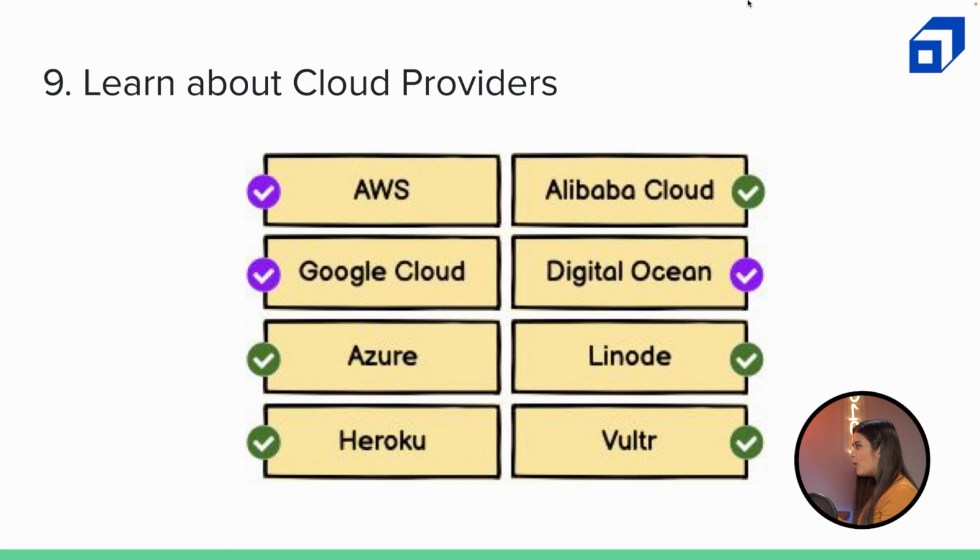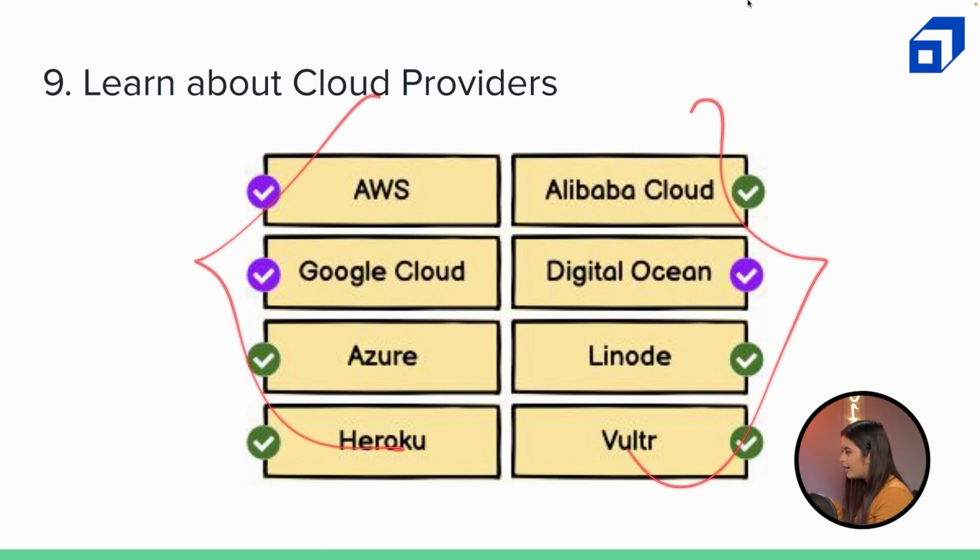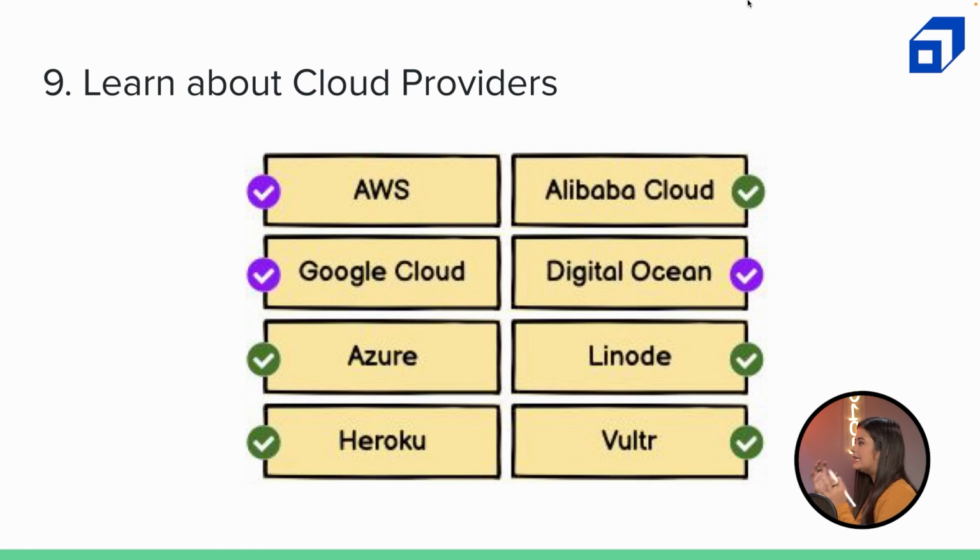These are very popular ones, and not only DevOps engineers, but normal cloud consultants and software engineers also know and use these cloud providers. Whenever you have to deal with cloud, it's very significant that you know how these cloud providers operate. So if you have worked with any of these cloud providers, it's going to help you a lot.